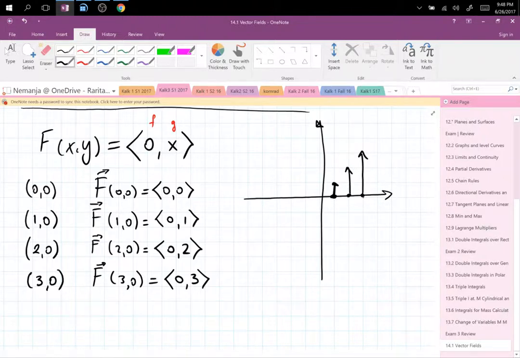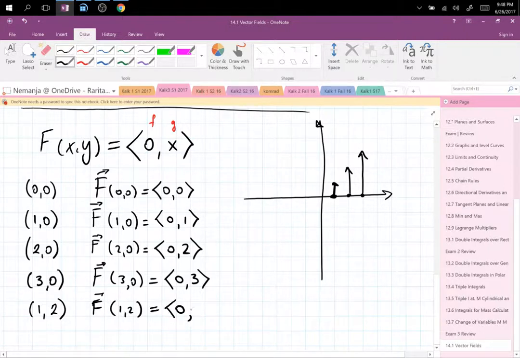Well, let's see what do we get if I have, let's say, 1, 1 or 1, 2. Let's say 1, 2. So what's f at 1, 2? Where this is 0 and the other one is 1. So it seems that along over here we're always going to get these vectors that have 1.